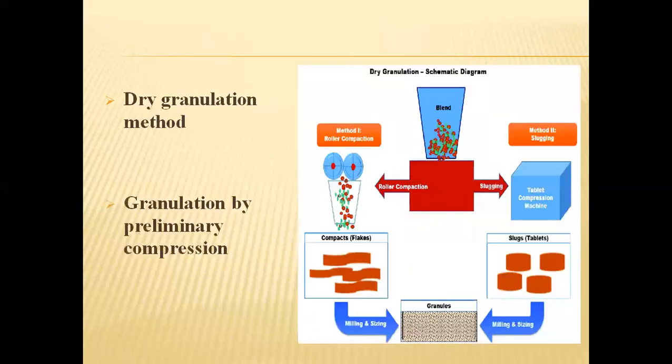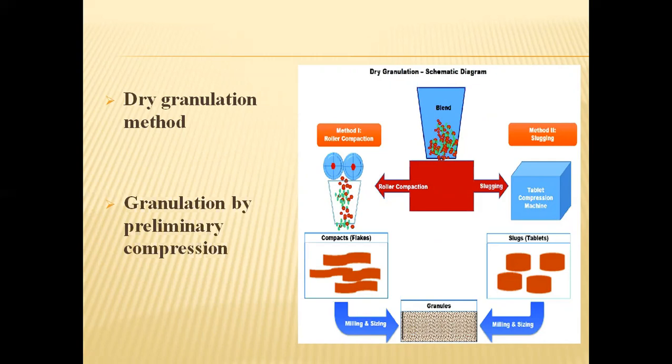So the next one is dry granulation method. There are certain medicaments which are available in crystalline form, and they can have their own binding property. These medicaments are passed through sieve number 20 or any other specific sieves and then mixed with other additional excipients.